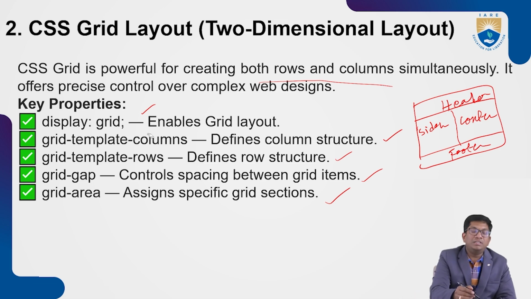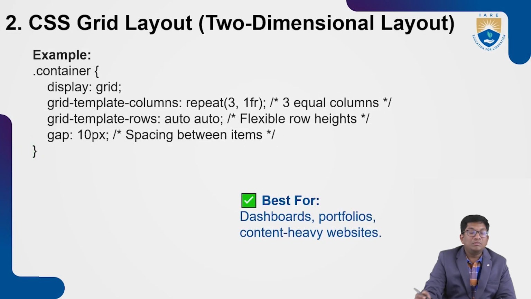The display is grid, and grid-template-columns is what you have to use for designing the grid layout. Simple example: take one container, the section, and set the display property to grid. In grid-template-columns, repeat(3, 1fr). We are dividing into 3 equal columns.